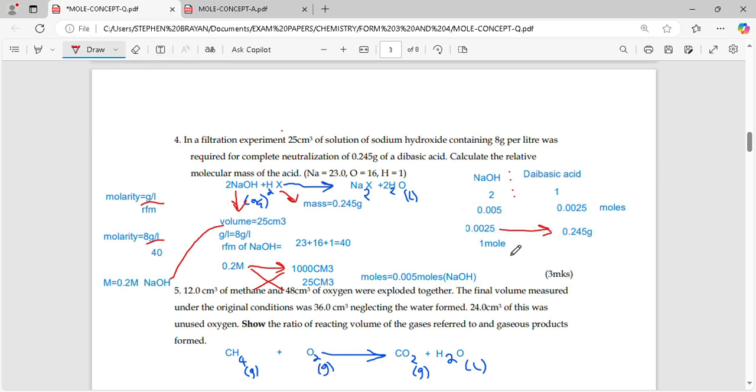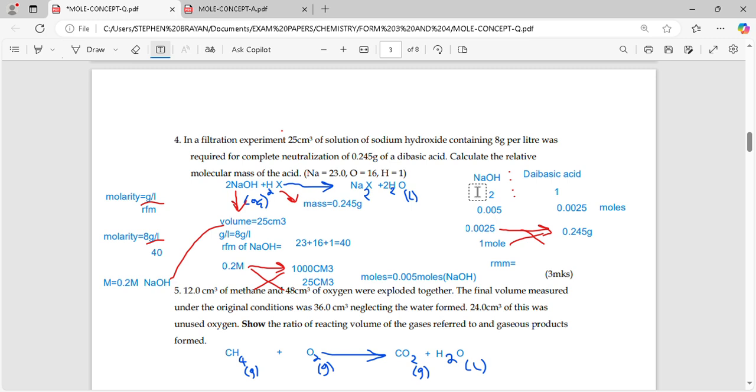When you cross multiply this, you are going to get the RFM, the relative molecular mass of the dibasic acid, which is also called RMM. So the RMM of the dibasic acid is going to be equal to, from your calculator, 1 multiplied by 0.245, and then you divide by 0.0025.